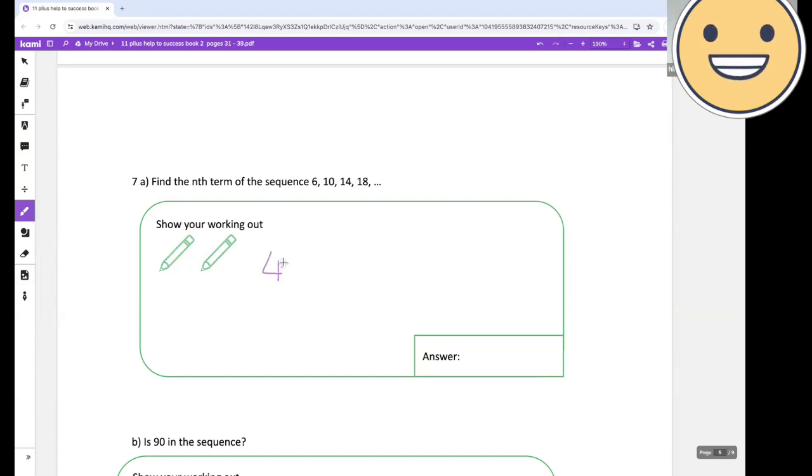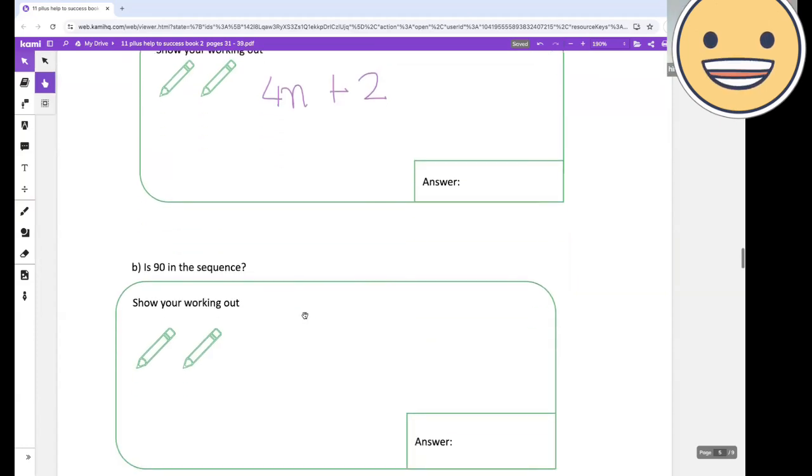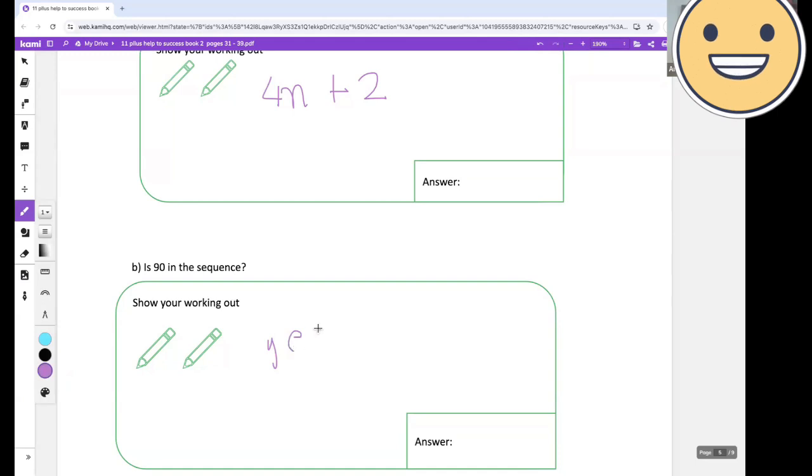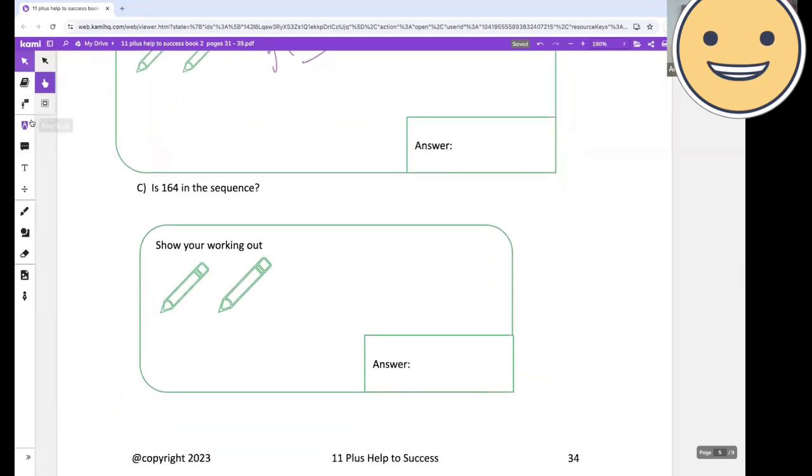Yeah. And what do you think for the second one? It'll be yes or no? Yes. Yeah, you're right. It's yes. And the C1 would be a no.